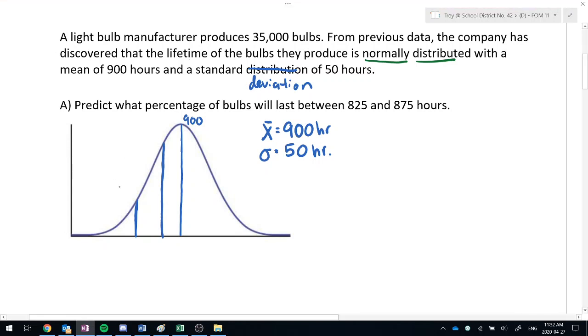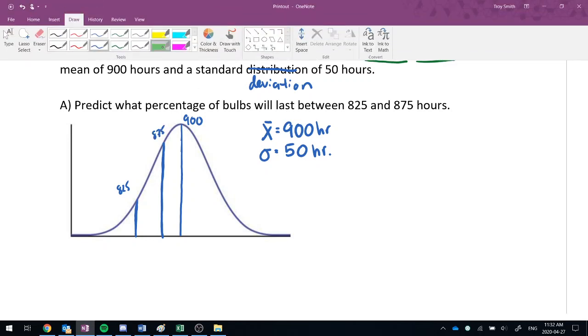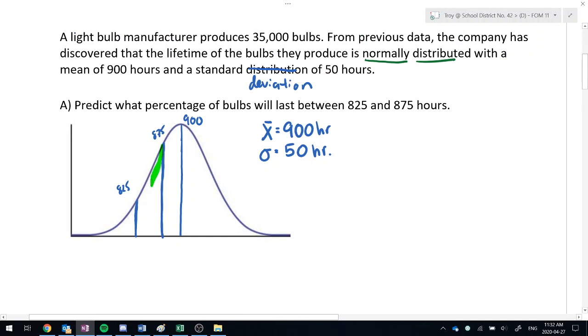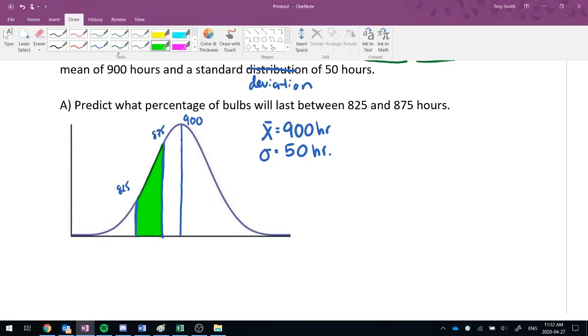So this is going to be 825, this is going to be 875, and what we want to do is predict what percentage of them are going to end up here in this range. So what they're asking us for is, well, what percent of the area under the curve is here, right?